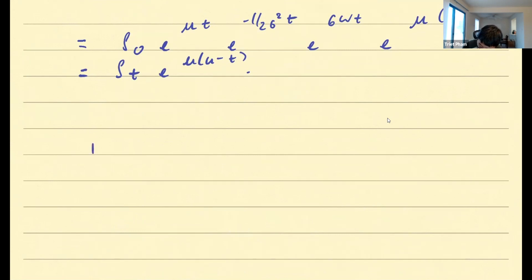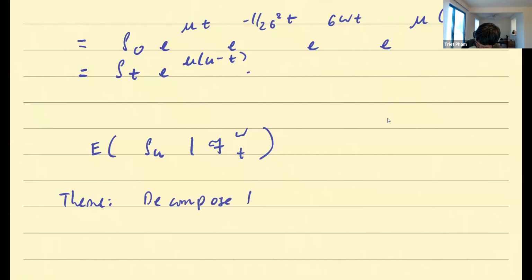Again, my goal is to calculate the expectation of SU given the current information. What I should do is always, the theme is to decompose the future into past, into present.